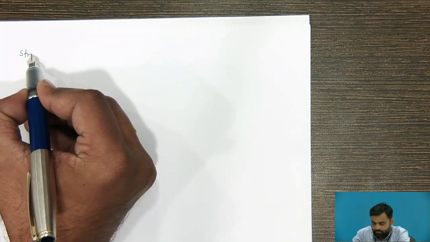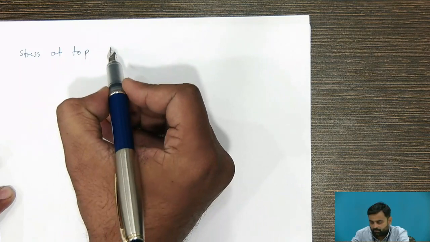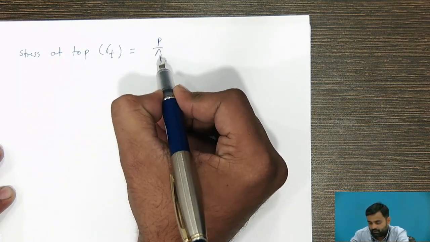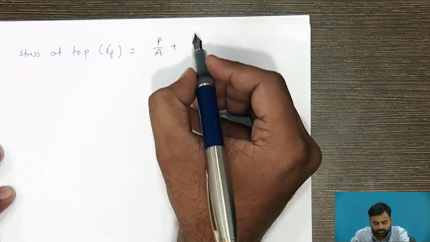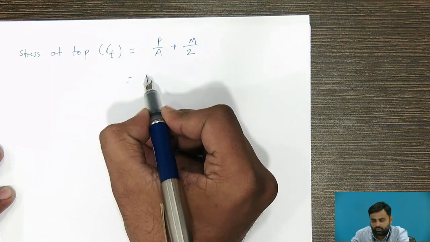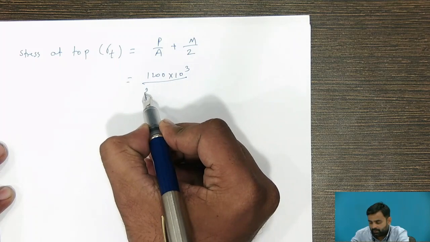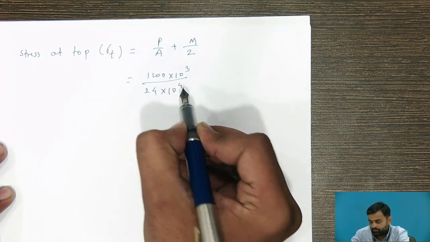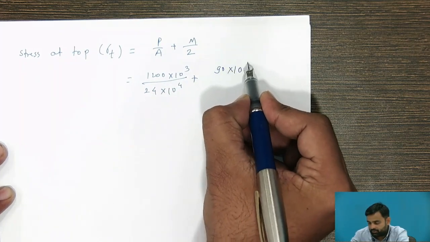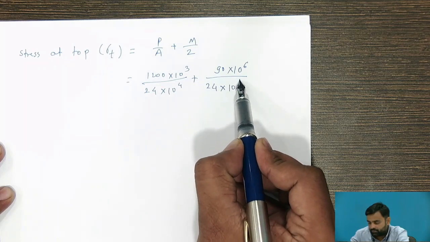Now, stress at top, we will call this sigma T, which is equal to P by A plus M by Z. If I put all the values, P is 1200 into 10 raised to 3 divided by area 24 into 10 raised to 4, plus M is 90 into 10 raised to 6 divided by Z is 24 into 10 raised to 6.